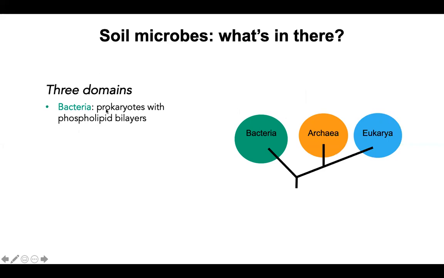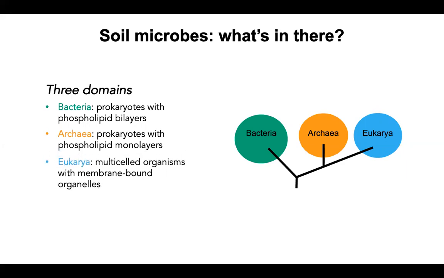So these are fats with a phosphate head attached on there, and there's 2 layers of them. That's a characteristic of bacteria. Now, Archaea, on the other hand, are prokaryotes, so single-celled organisms, and they have a similar phospholipid layer, but they only have 1 layer of these phospholipids around the edge of their cell. So slightly less complex organisms there.